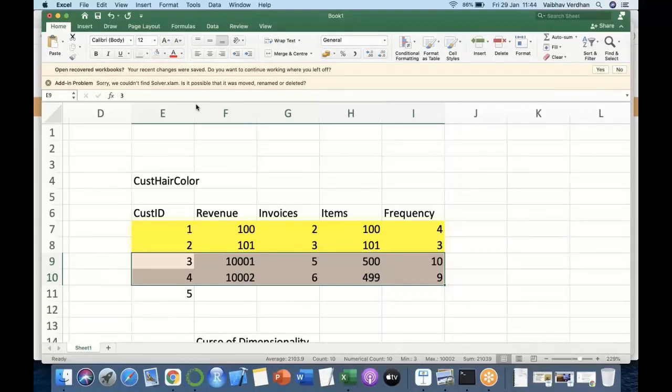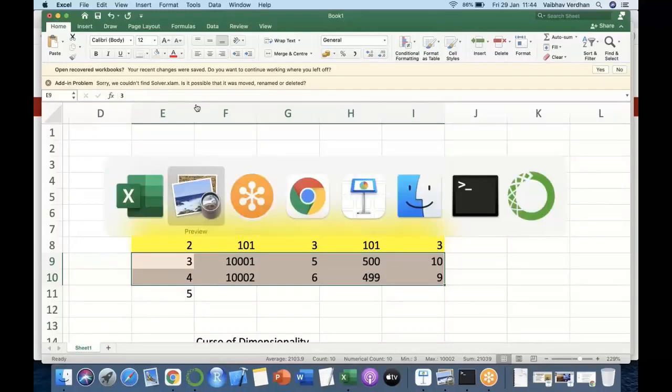You want to create groups of observations which are of similar type, which have similar attributes, similar properties, right? The objective of the algorithm will be to find those groups based on the properties which we tell the algorithm to use.